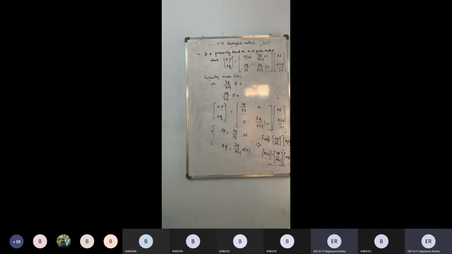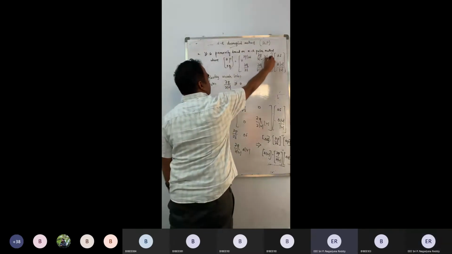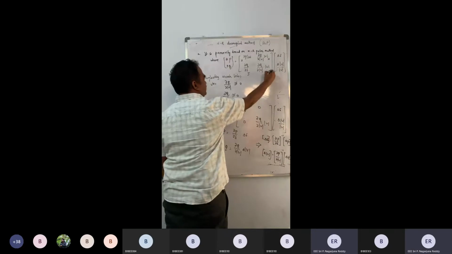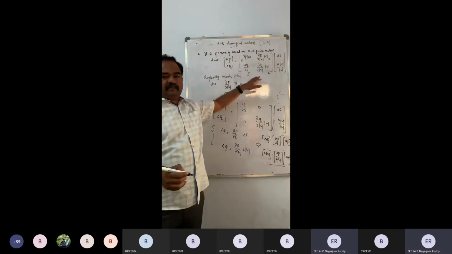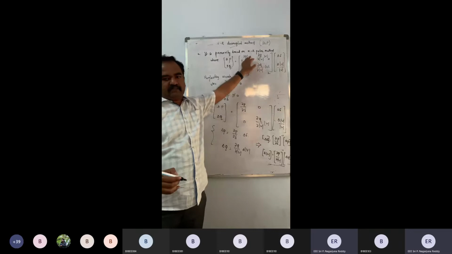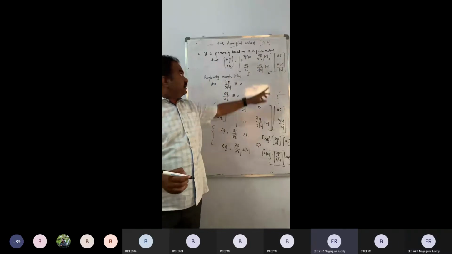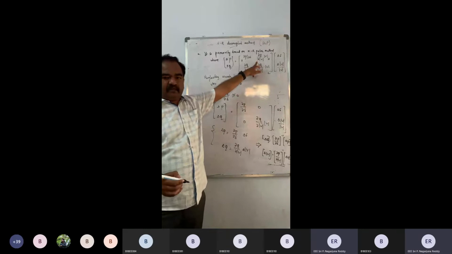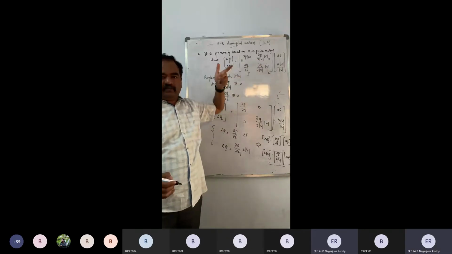If I consider this as H, M, J, and L, as I have already been mentioning, these four submatrices are represented as J1, J2, J3, J4, or in some textbooks, these are represented as H, M, J, and L. Now, two submatrices J2 and J3, or what we call N and M, both are 0.